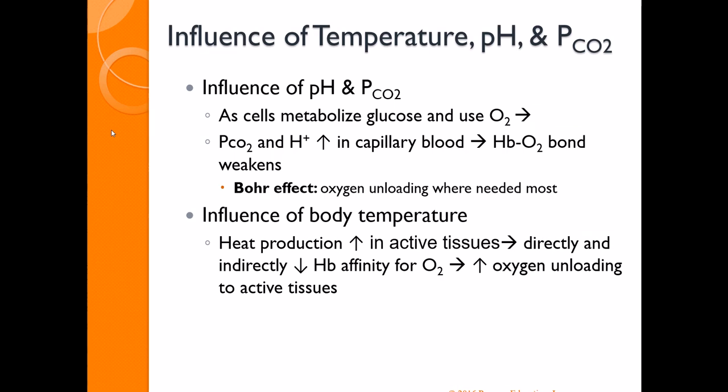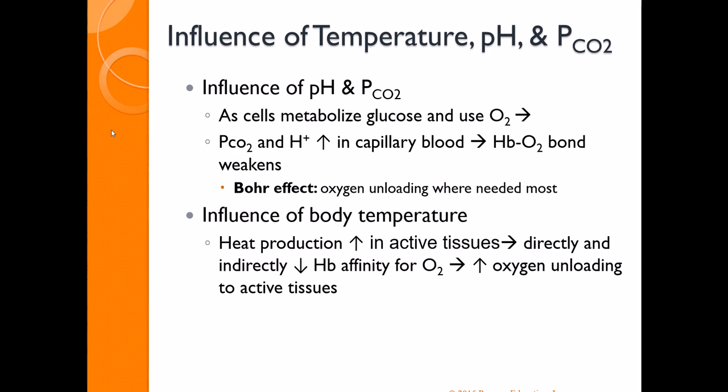This idea that the active tissues get the most oxygen is called the Bohr effect. As we make and use glucose, as we use up the oxygen, as we go through aerobic respiration, we increase the amount of carbon dioxide, which increases our partial pressure of carbon dioxide. We increase the amount of hydrogen produced, which decreases our pH, and that kind of weakens that hemoglobin bond with the oxygen.